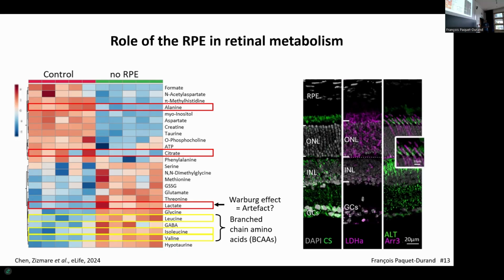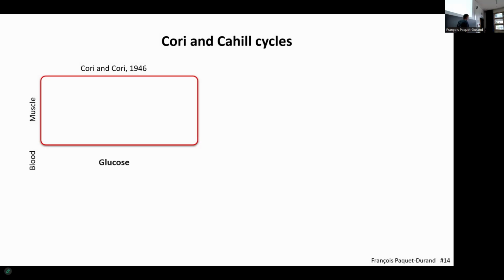Okay, so now the alanine. Why is the alanine changing here? To try and understand that, we need to go a little bit back into basic biochemistry, general knowledge. We need to talk about Cori cycles and Cahill cycles. The Cori cycle was discovered in the 1930s by a biochemist couple. They got the Nobel Prize for it later on. The Cori cycle has it that glucose in the bloodstream enters muscles.